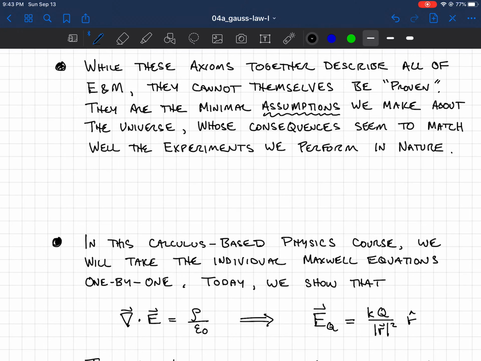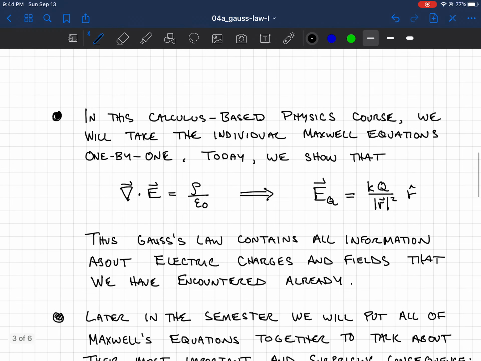And if the experiments agree with those assumptions, then that means the law is correct, in the sense of as correct as one can have it in physics. That's what a physical theory is: you come up with the smallest number of assumptions you can, make sure that those match what you observe in nature, and then you can build the rest of the consequences from that, and that's what we'll do in this course.